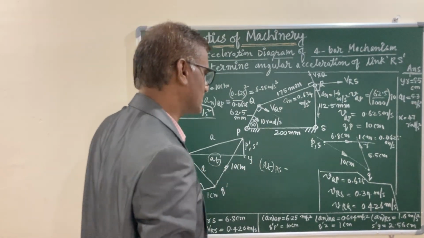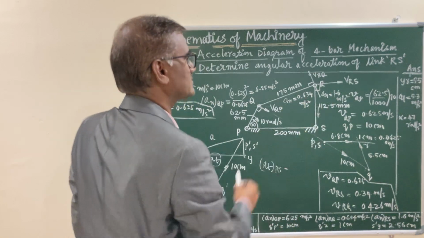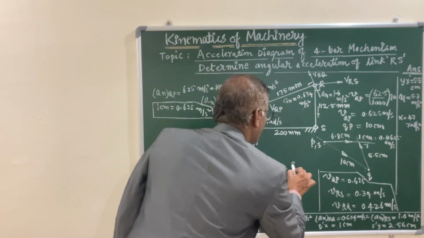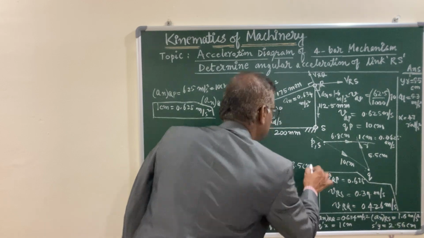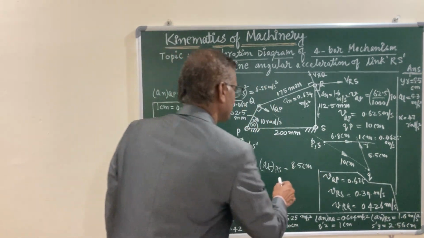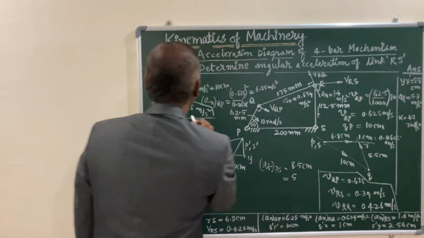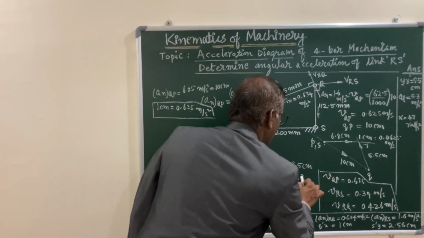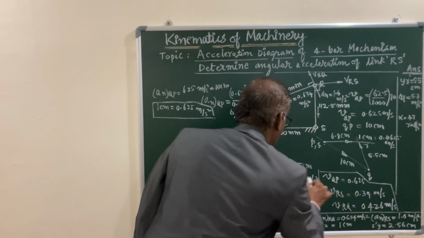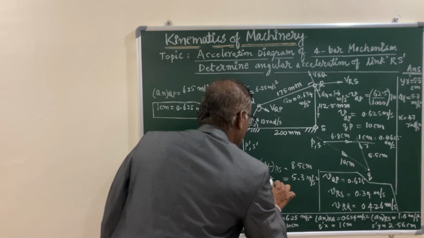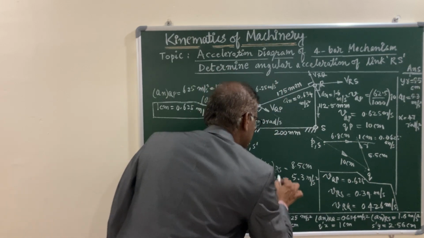If you measure that particular length, you get yr prime as 8.5 centimeters, and if you multiply with the scale 0.625, it is 5.3 meters per second square. This is your tangential component of output link RS.